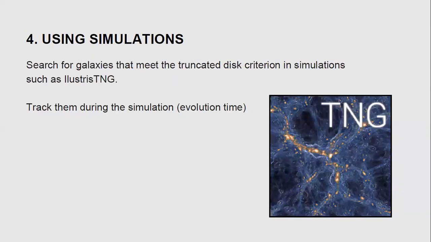And finally, for the last year, because now I don't know anything about simulation, using simulation, because I create a new criterion to look at these galaxies in simulation. Brainfield analogs are found in IllustrisTNG, and the simulation is really useful to trace the evolution of the galaxy during cosmic time.